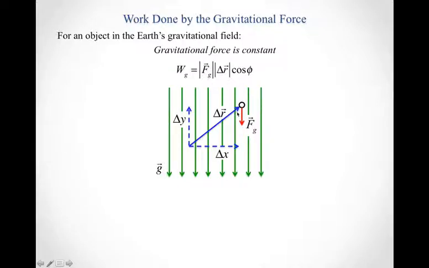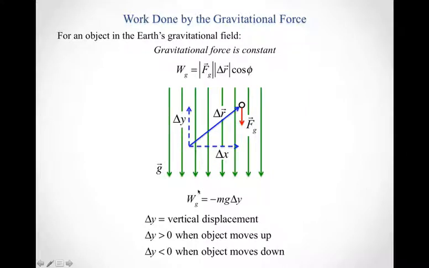And so in this case, because the gravitational force points vertically downward, this displacement cosine phi term basically says just care about the vertical component of the displacement. And so I can calculate out the work done by gravity as negative mg delta y.